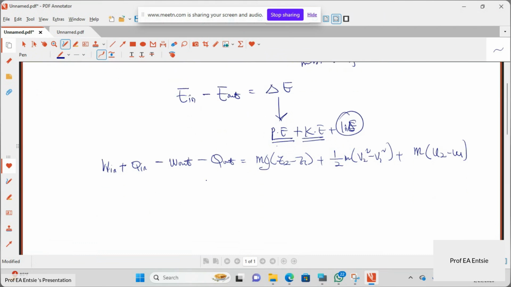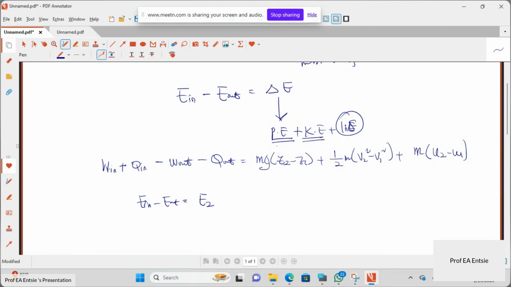In simple terms, we can say that energy input minus energy output, since energy cannot be created nor destroyed, should be equal to the change in the total energy of a system. The final energy of the system, that's the final potential, the final kinetic, the final internal energy, is represented with subscript 2.